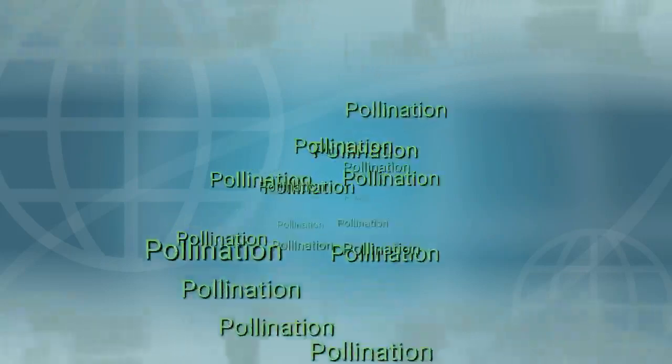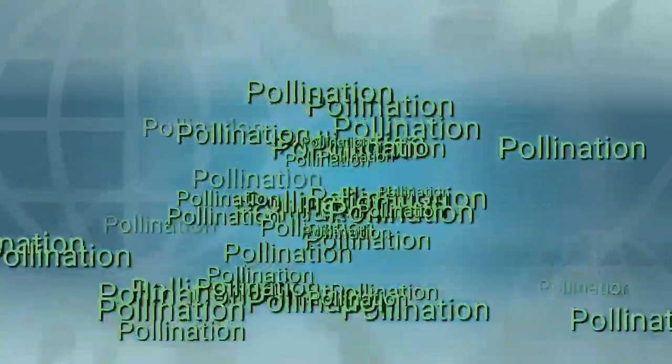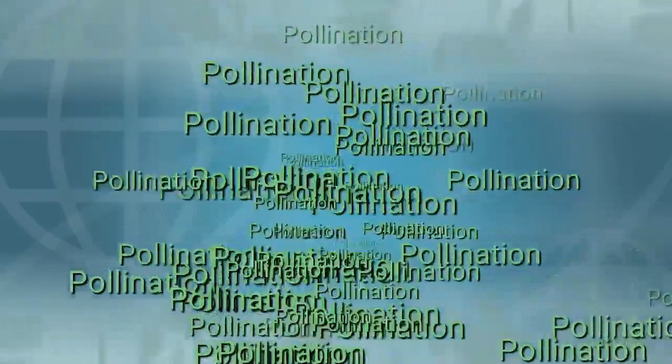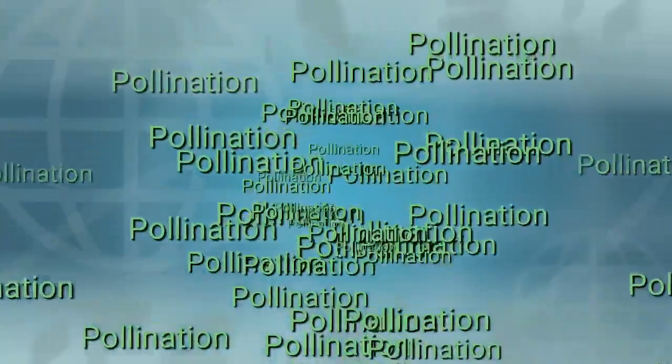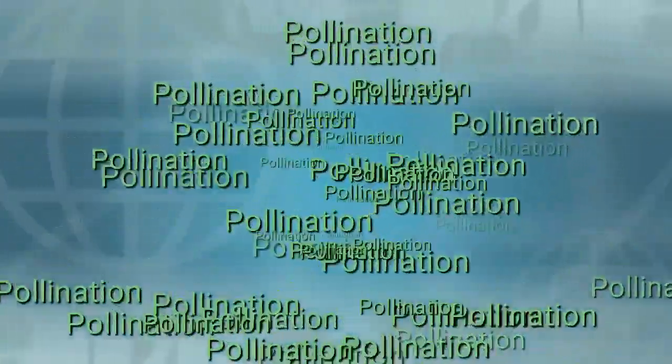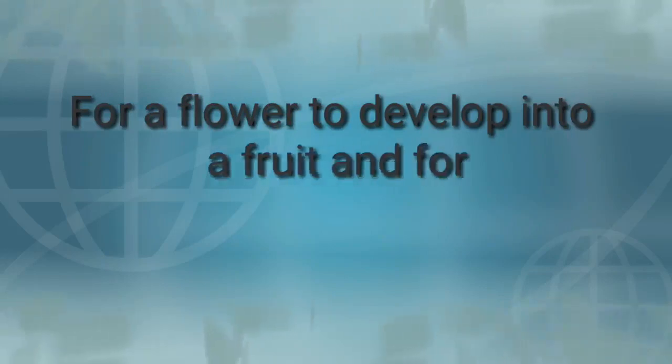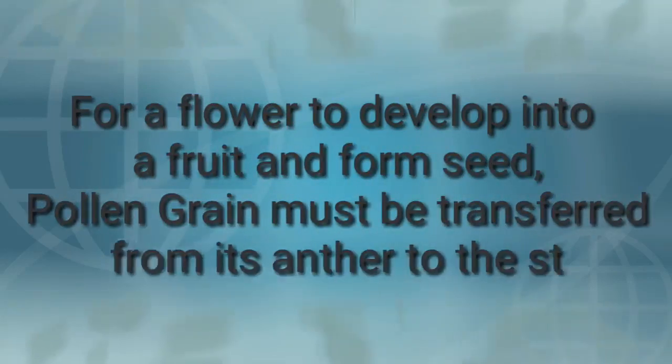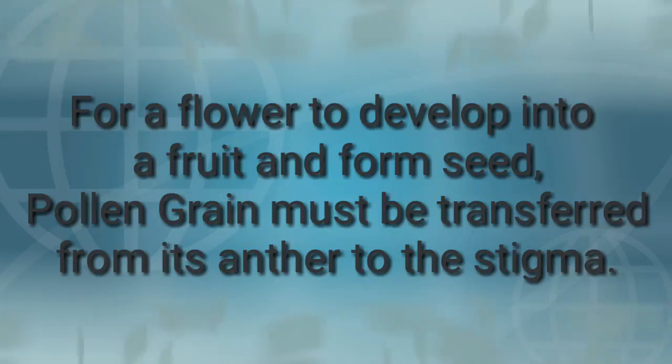Now let's learn pollination. The last topic of this chapter is pollination. So what is pollination? For a flower to develop into a fruit and form seed, pollen grains must be transferred from its anthers to the stigma.